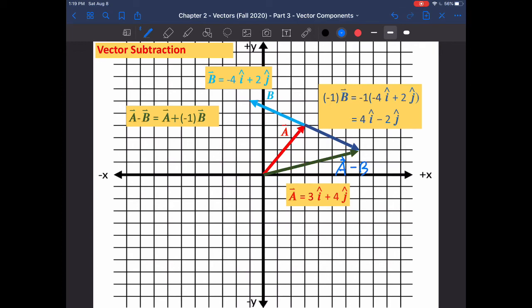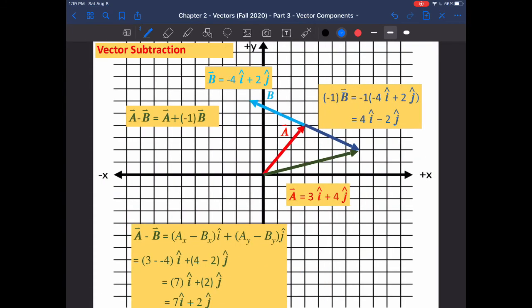And let's check that with components. If I do a minus b, this time I'm just going to take the x component of a and subtract the x component of b, again keeping it in front of the i hat all the time. So the x component of a is 3. That takes the x component of b, which is minus 4. So I have 3 minus minus 4, giving me 7.